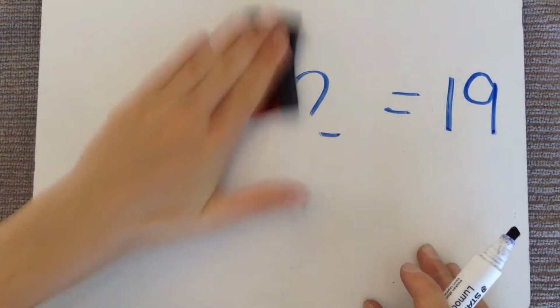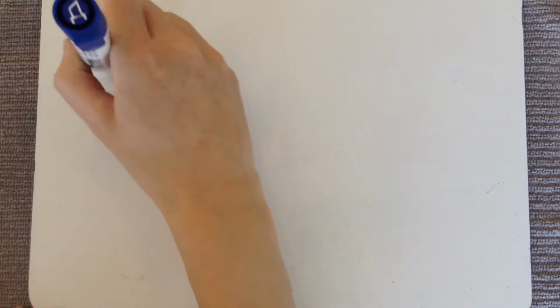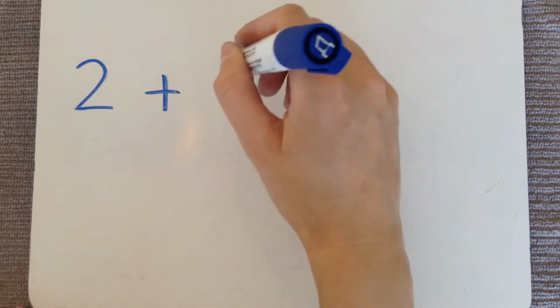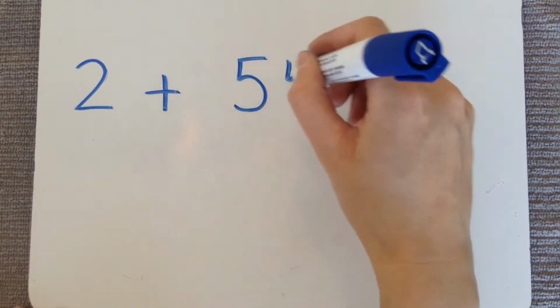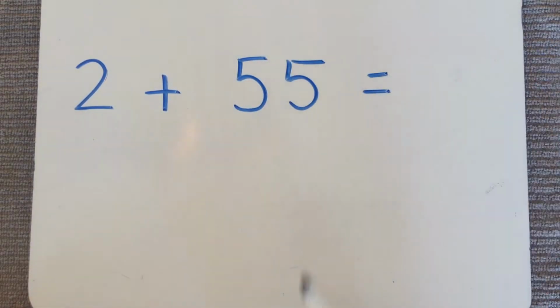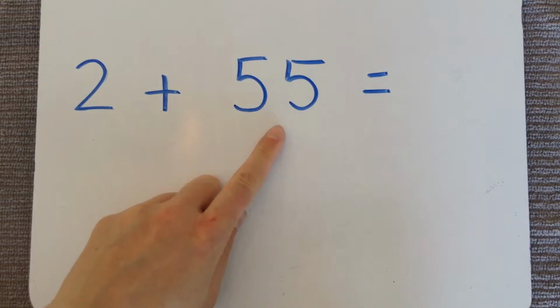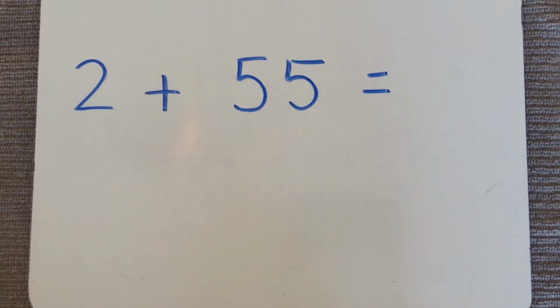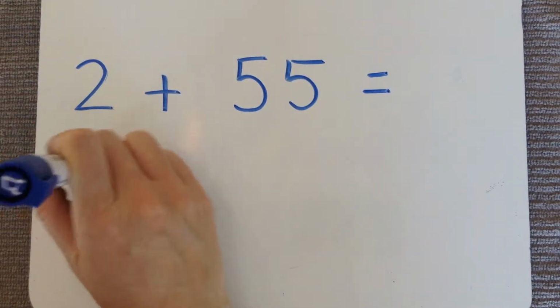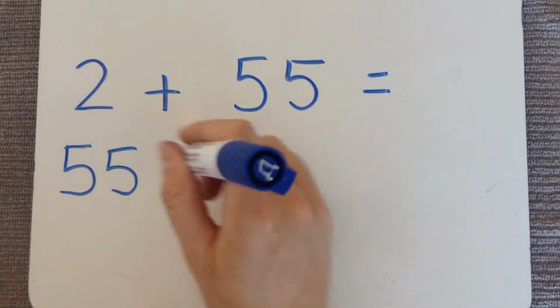Let's take a look at another odd number question that uses counting by twos. 2 plus 55 equals. It's a skip counting by twos question, except we're not using even numbers, we're using odd numbers. First thing I'm going to do is write the question in a different way.